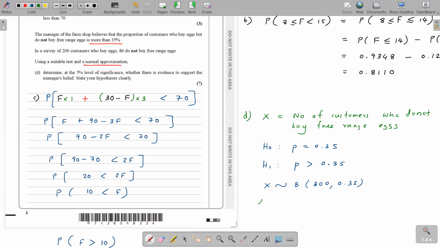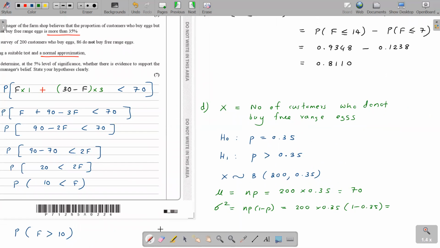Shall we get the mean? Mean is np. Calculate 200 into 0.35. How much? 70. And the sigma square is np(1 minus p), so 200 into 0.35 into 1 minus 0.35.